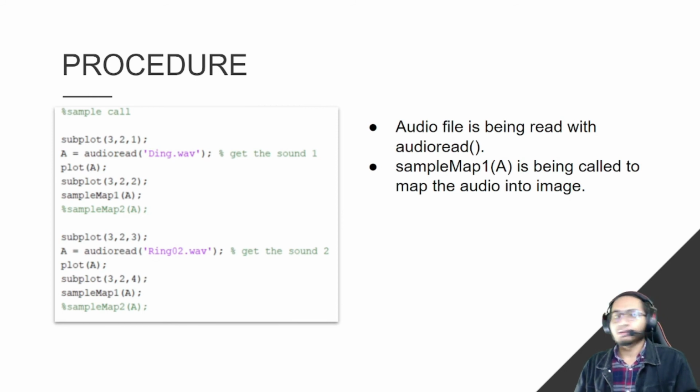Okay, for the procedure, first of all, the audio file is read with audioread, and then sample map is called to map the audio into the image. The sample map is the function that I've written.